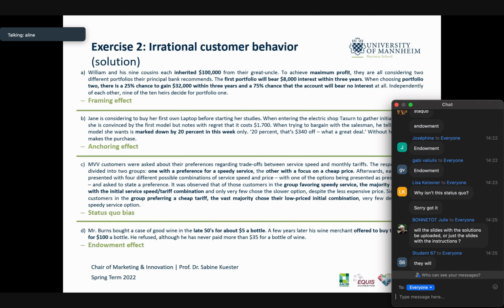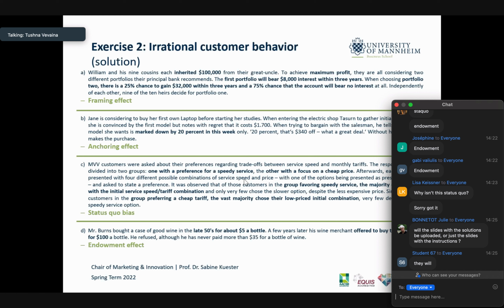But they couldn't choose a more speedy service. I think they could just go with the less expensive version, which might be more important to some customers in general. But however, they just stay with their tariff. Okay, so they're just 2 different tariffs they can choose from, not 4, for example. Or there were 4 different options. Yeah, but what are the different options? I'm trying to figure out what the different options are. Because I think there are just 2 options: the speedy service, which is more expensive, and a cheap price. But there's written 4.